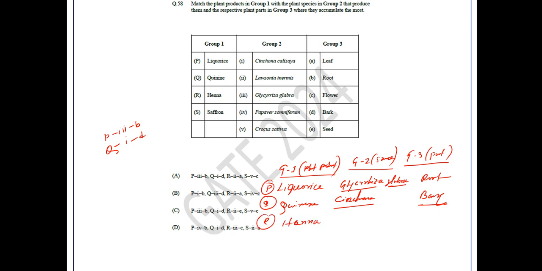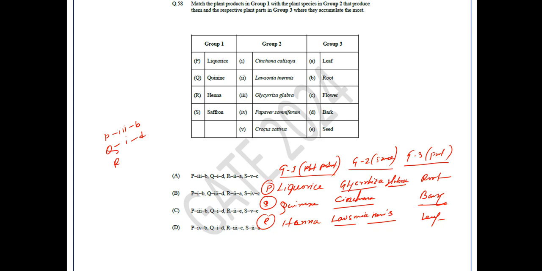If we see the next, henna. Henna is obtained from Lawsonia inermis, and the part in which it accumulates is mainly the leaf.